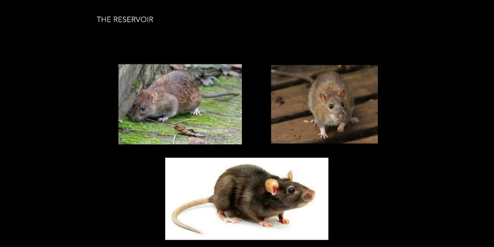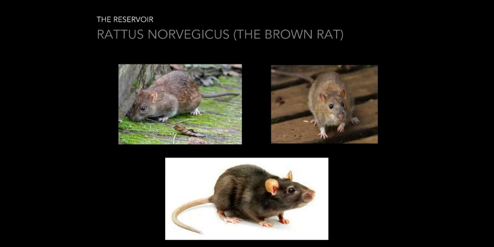So now we're going into the reservoir. Our reservoir we identified as the brown rat, which is also called Rattus norvegicus. The reason the brown rat is such an effective host is because it lives in close proximity with humans.